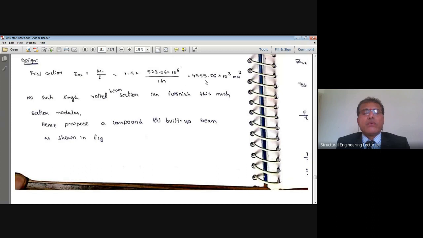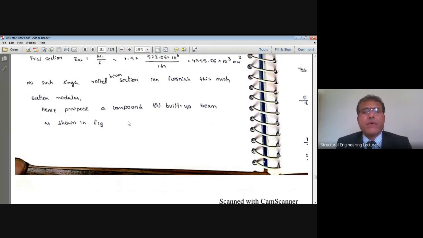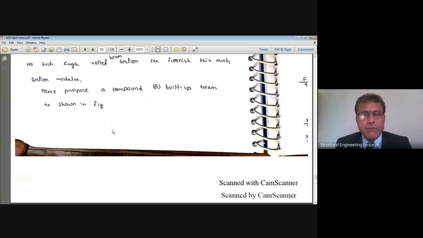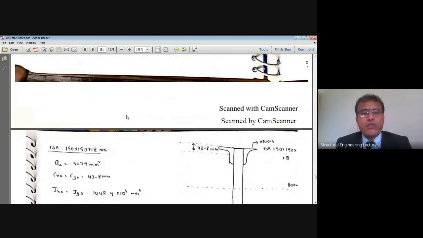However, if you see the steel tables, no Indian standard rolled steel section is furnishing this much of huge section modulus. Therefore, I'll now propose a compound or built up beam or girder as shown in this figure, right?